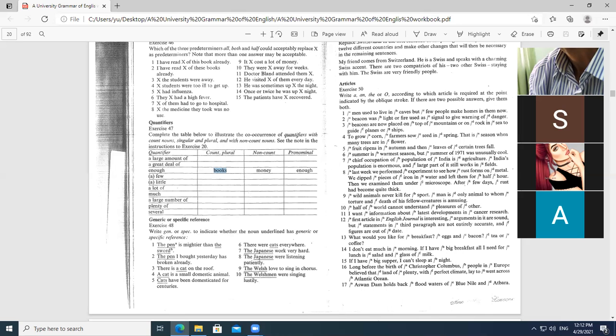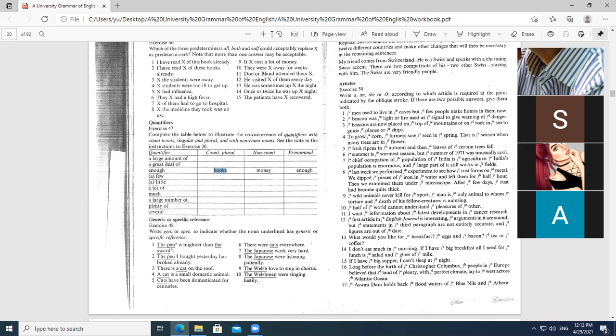Last week, we performed an experiment to see how rust forms on metal. The first is zero article.